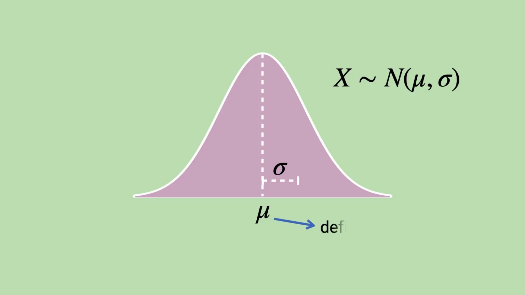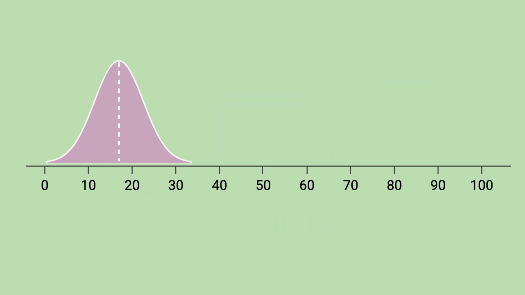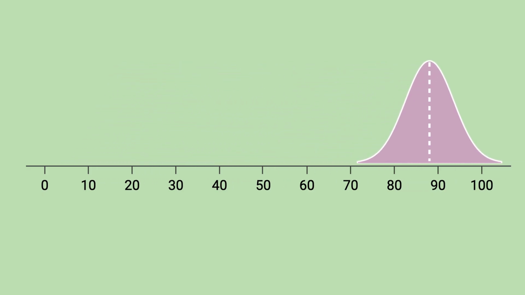The mean defines the position of the distribution on the x-axis, while the standard deviation defines the shape of the distribution. For example, when the population mean increases, the distribution moves to the right and vice versa.